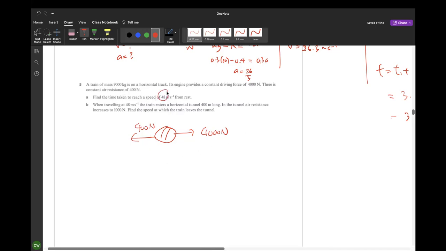Find the time to speed up to this from rest. So first, use Newton's second law to find the acceleration. Always take the forward force minus the backward force equals ma. Forward force 4,000. Backward force is 400. M is 9,000. 4,000 minus 400 divided by 9,000. 0.4.